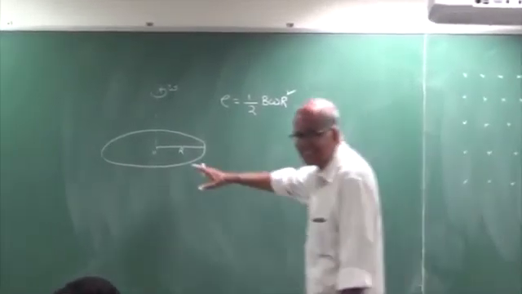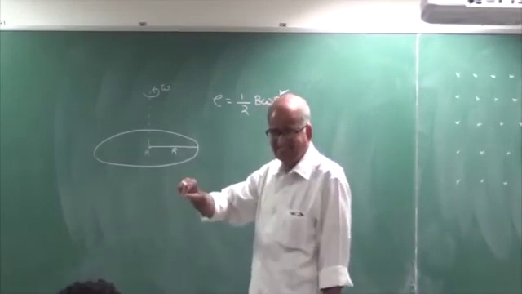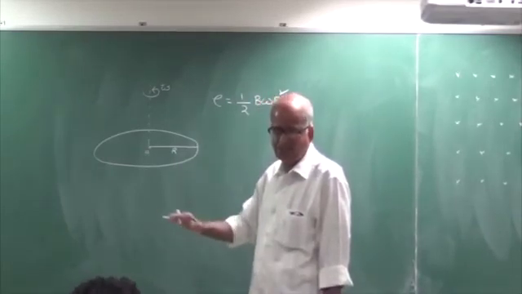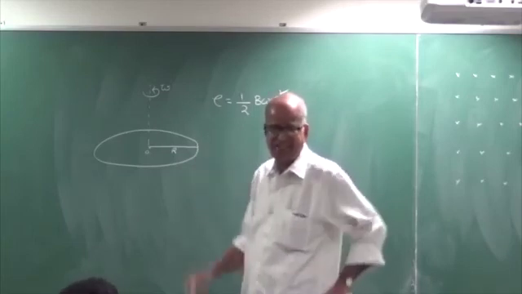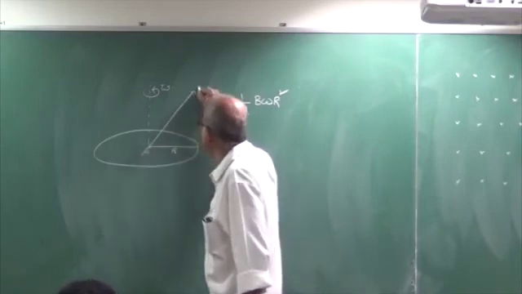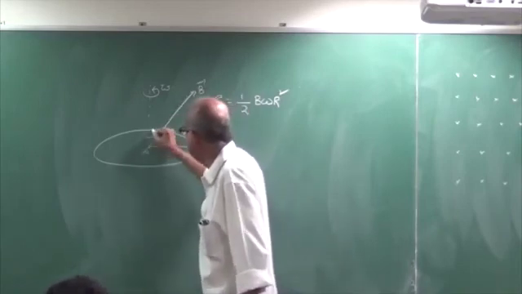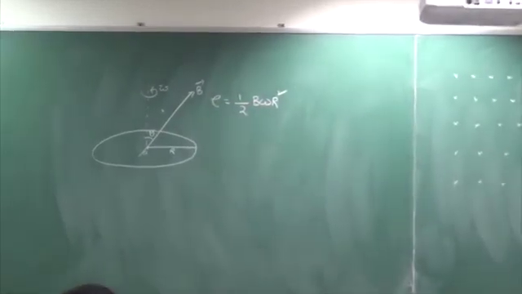Now, this is the case when the plane of the disc is perpendicular to the direction of the field, or the axis of rotation is in the direction of the field. Suppose the direction of the field makes an angle theta with the axis of rotation.